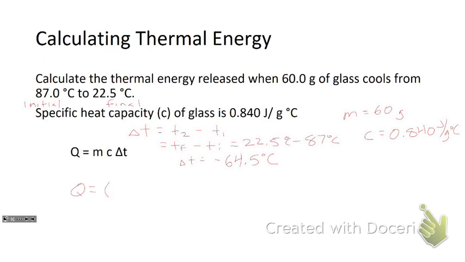So mass is 60. C is 0.840 joules per gram Celsius, multiplied by our change in temperature, which is negative 64.5 degrees Celsius.